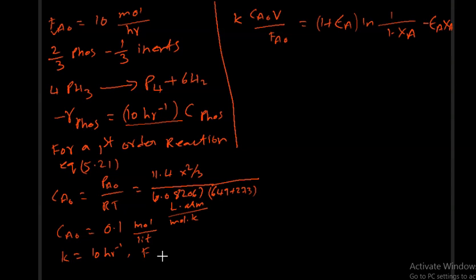Now let us calculate epsilon A. As per the stoichiometric equation, 4A gives rise to 7R, so epsilon A is (1 plus 6 minus 4) divided by 4, and as per the given data where 2/3 of phosphine is present, epsilon A is equal to 0.5.